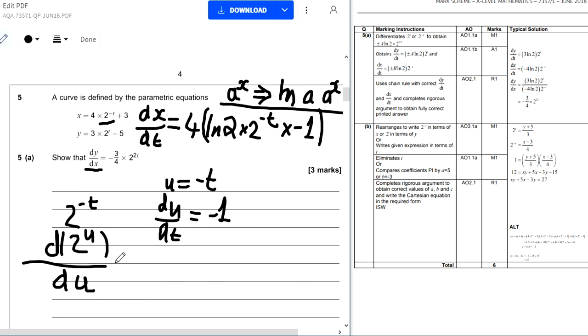So yeah, if we differentiate that, we can use this rule here. So 2 to the u times by ln 2, but we want it in terms of t.